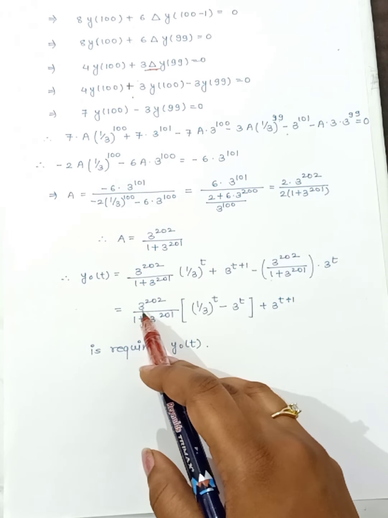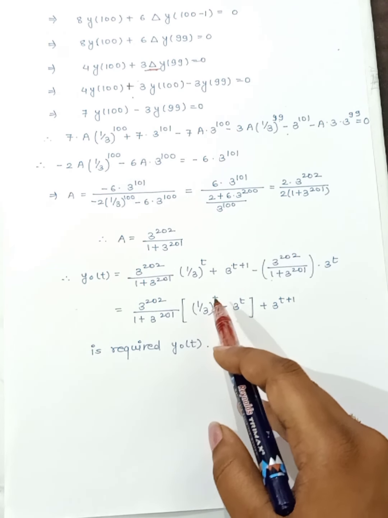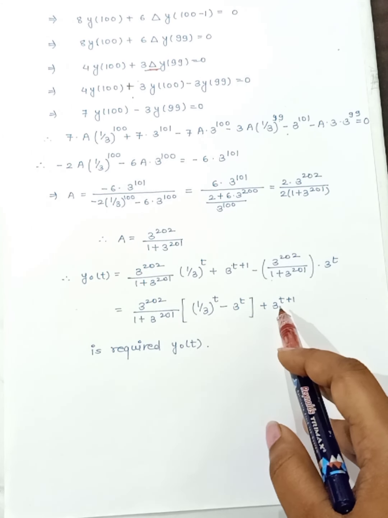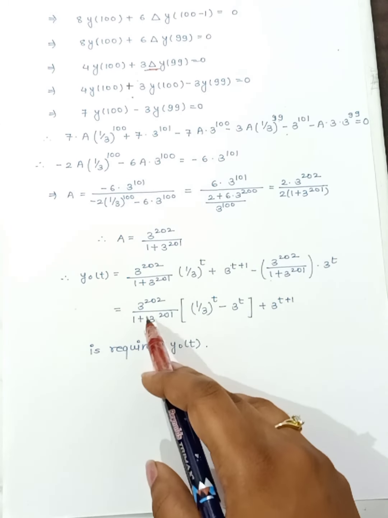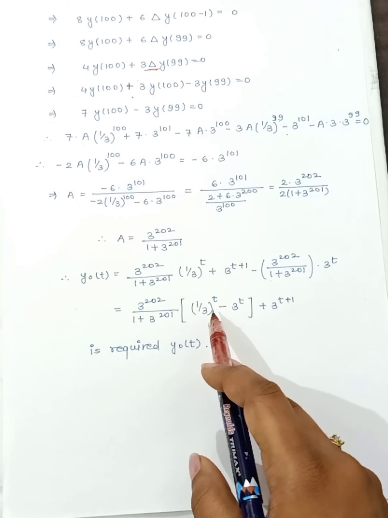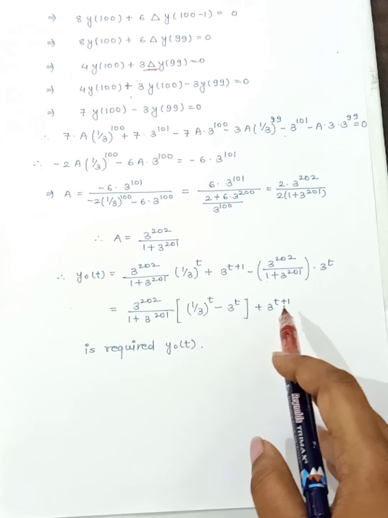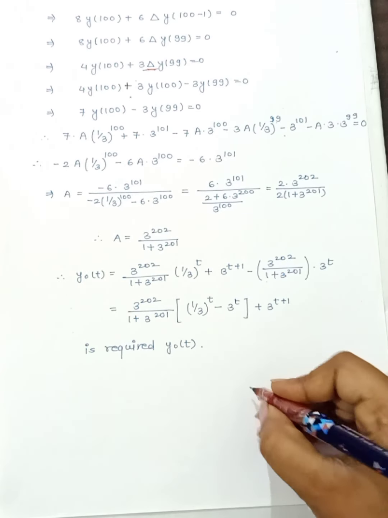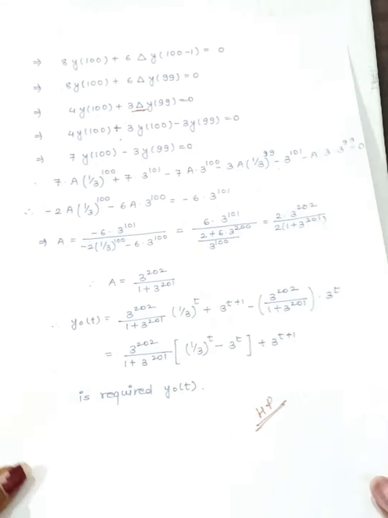And by solving we get 3 to the power 202 upon 1 plus 3 to the power 201, 1 by 3 to the power t minus 3 to the power t plus 3 to the power t plus 1. These both terms are equal. So we will take it common, 1 by 3 to the power t as it is and 3 to the power t minus मध्ये plus 3 to the power t plus 1, and that is the required y0 of t. And this is done for today's lecture. Next we will see in the next video. Thank you, students.